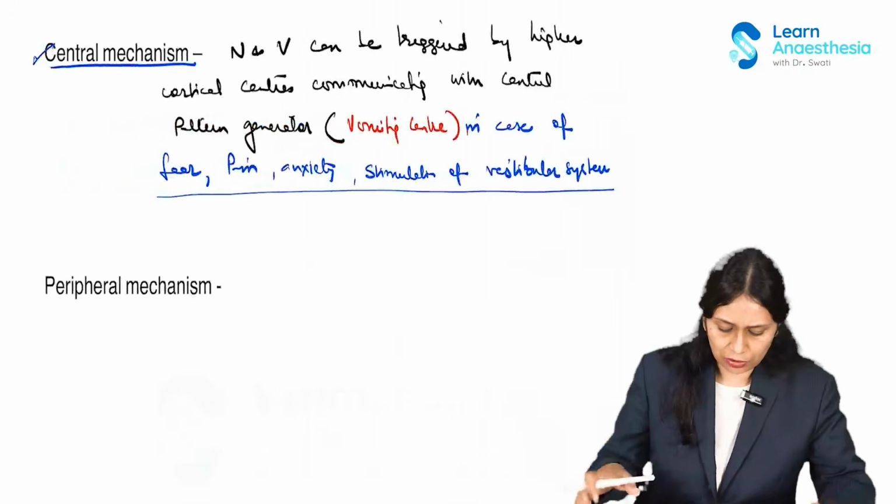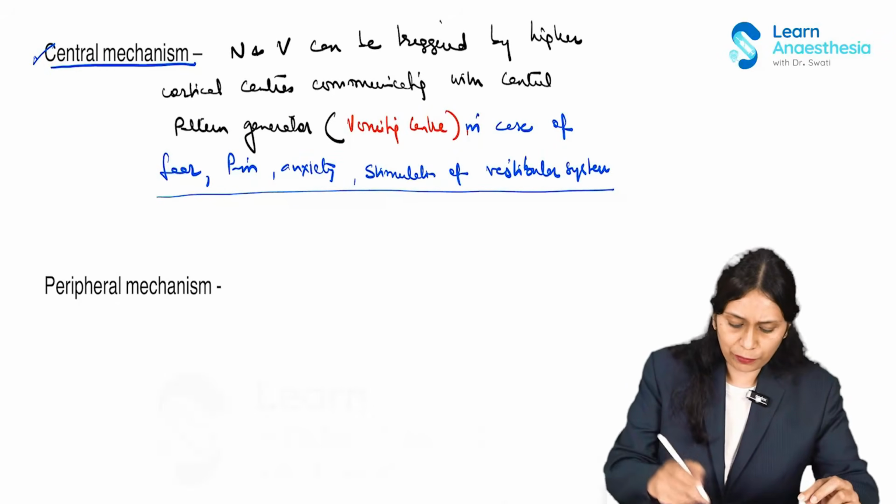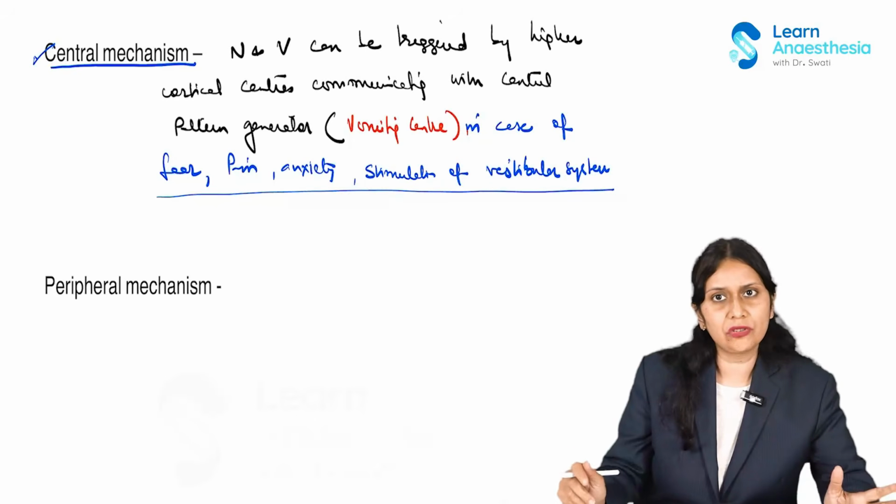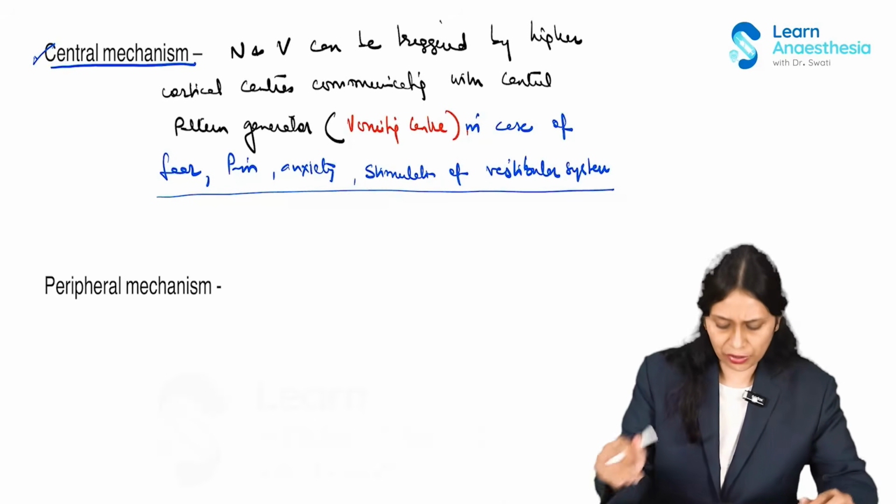Now let's talk about the peripheral mechanism. A lot of peripheral mechanisms, like direct gastric stimulation, can cause nausea and vomiting.